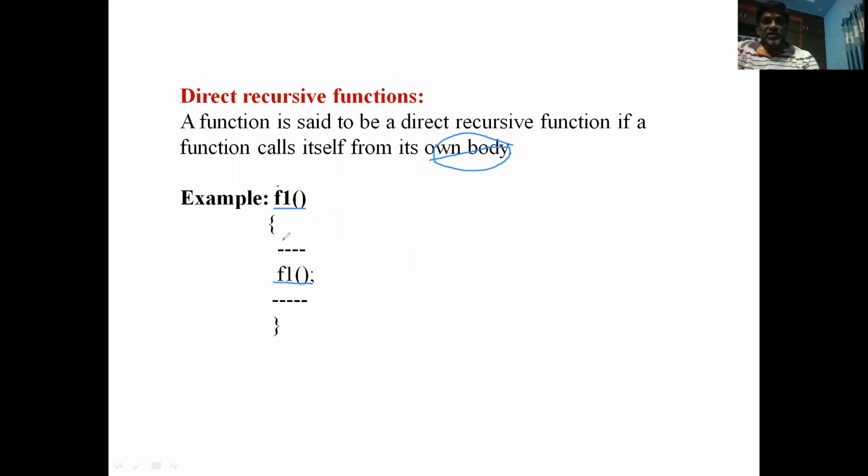It is f1 and it is calling itself. When the function calls itself, the execution again goes back with specified values. So if a function is calling itself from its own body, then we call the corresponding recursive function a direct recursive function. So in this case, the function f1 is said to be a direct recursive function.